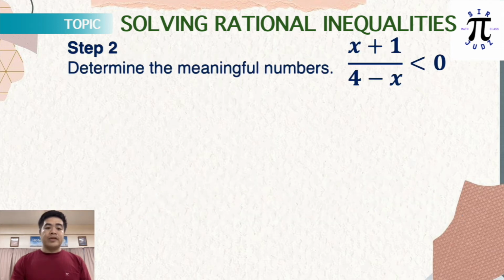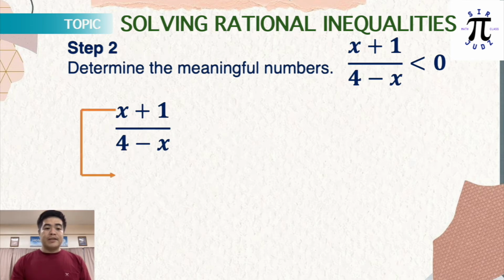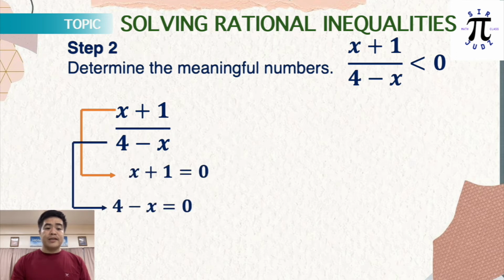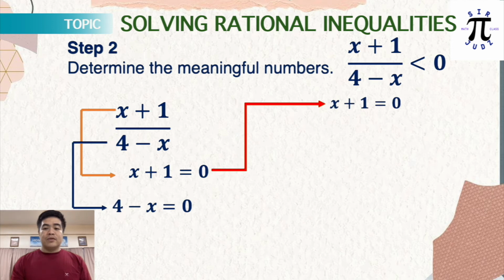Step 2 is we're going to determine the meaningful numbers. So determining the meaningful numbers, we're going to equate the numerator and denominator to 0. So x plus 1 equal to 0 and 4 minus x equal to 0. Solving for x, sa x plus 1 equal to 0, so we can add both sides of the inequality with negative 1, or we can transpose 1 on the other side.